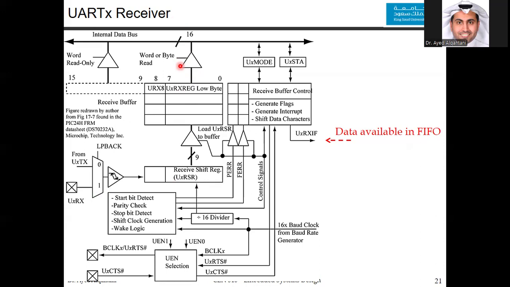Now, same way, there are so many things that need to control this process, meaning the receiving process. So again, you have the mode special function register and the status special function register, which should follow the same one as the transmitter.